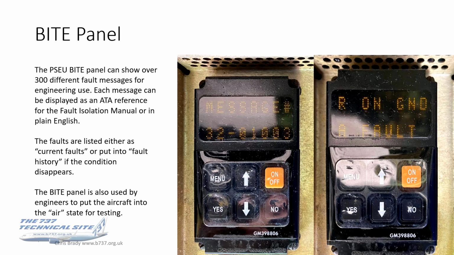Just to help out the engineers who haven't memorised their fault isolation manual, as I'm sure most of them have. The faults are either listed as current faults, or they're put into fault history if the condition disappears, which is more common than you'd think. And the BITE panel can also be used by engineers to put the aircraft into the air state for testing. More on that later.